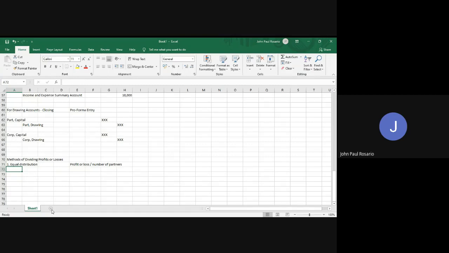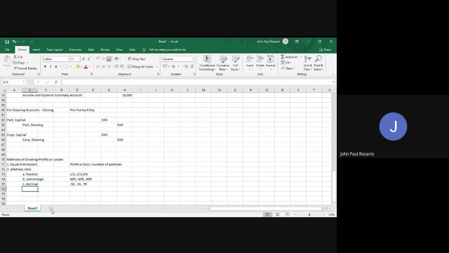This is also called arbitrary ratio. Under arbitrary ratio, it could be a fraction, like 1/2, 2/3, 5/6, things like that. It could also be a percentage, like 50%, 60%, or 20%. Or a decimal, like 0.50, 0.30, 0.70.